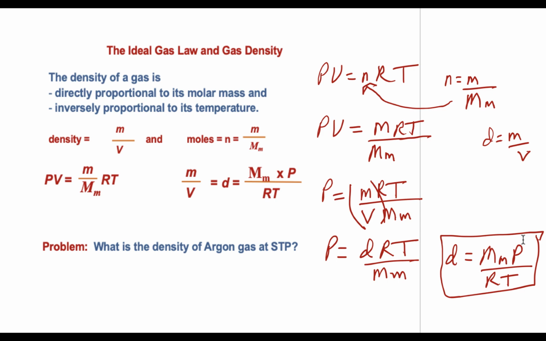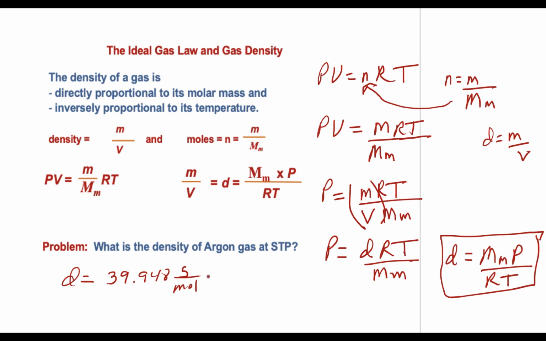So here we're asked, what is the density of argon gas at standard temperature and pressure? So what we need is the molar mass of argon. Argon has a molar mass of, let me look it up on the periodic table, 39.948 grams per mole.